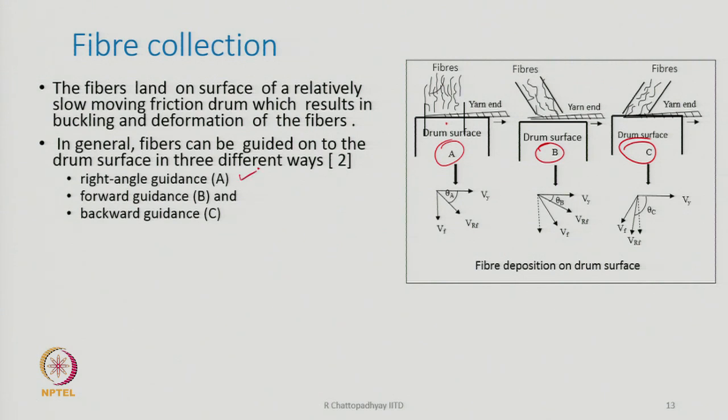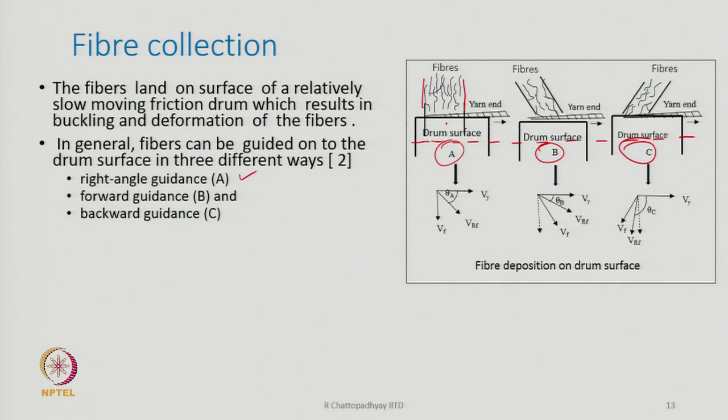Right angle guidance of fibers on the drum surface. See, here they are basically coming straight with respect to the drum axis. It is perpendicular, drum axis is here. With respect to the axis, these fibers in the case of A are coming perpendicularly.